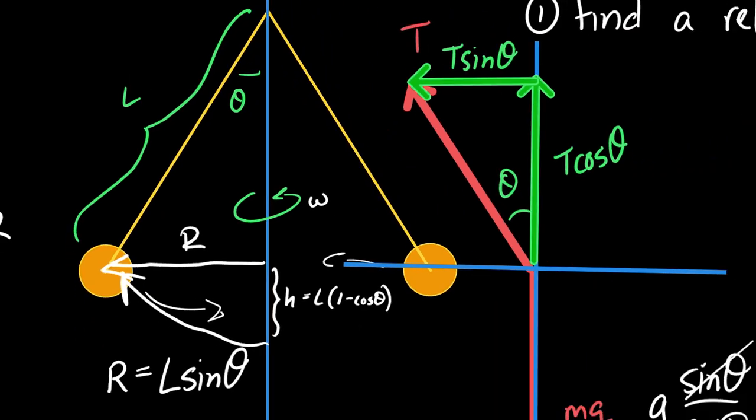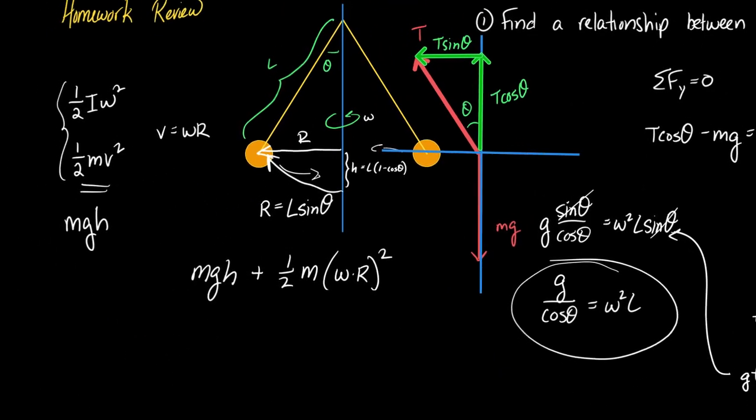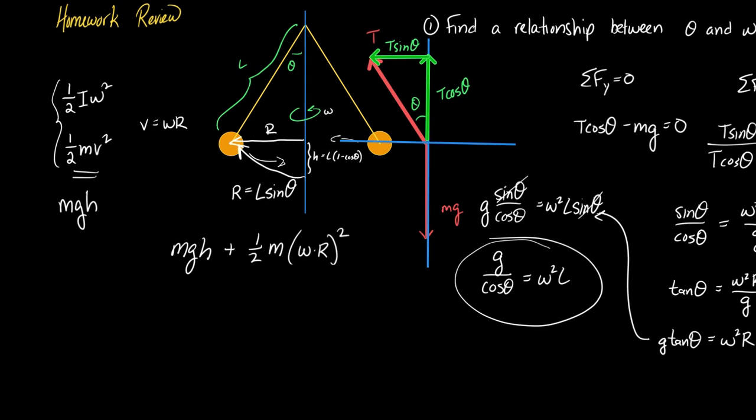So, whole lot of stuff to put together here all at once. So let's work on it. mgL times 1 minus cosine theta. That's that part. Plus 1/2 m. Well, omega squared is right there. So I'm going to put omega squared here, and I'm going to need to put r squared here.